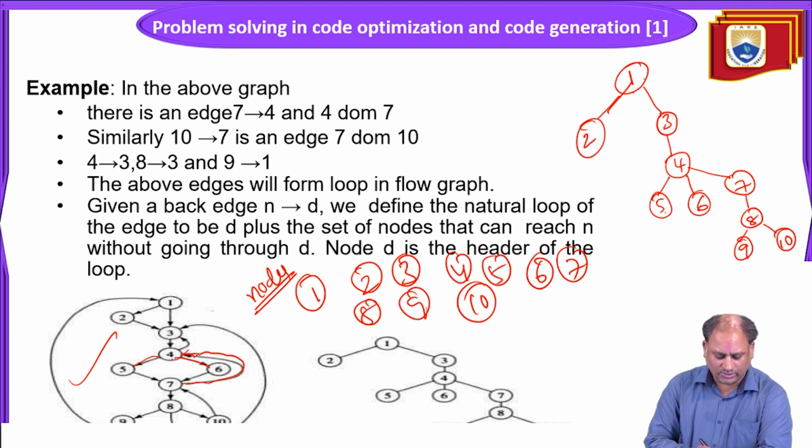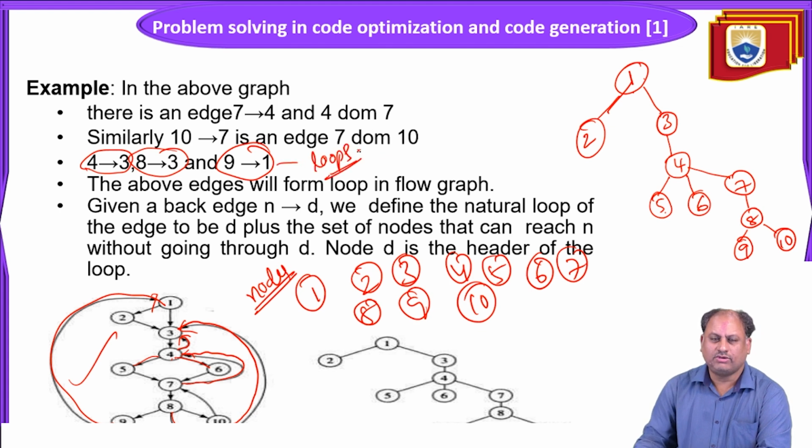Some of the edges form a loop. For example, 4 to 3, 8 to 3, and 9 to 1. These edges form the loops in the flow graph.